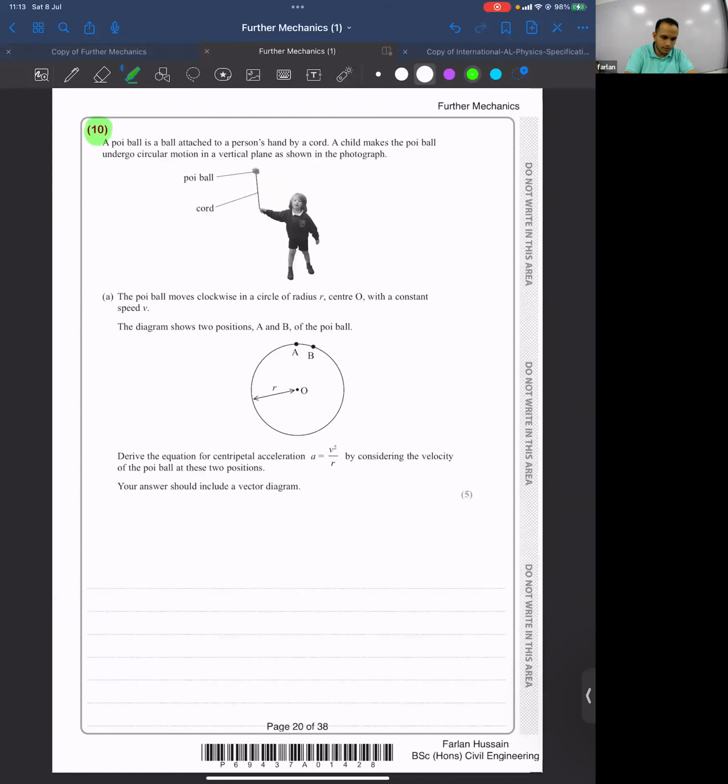Question 10. Guys, in question 10, listen. The first part is asking you to prove the equation a equals v squared over r that we haven't done yet. We will be doing it next week. So you can skip that first part and do the remaining parts.